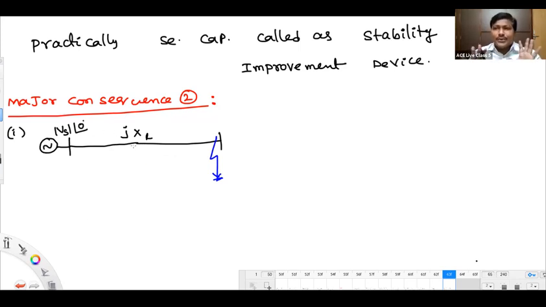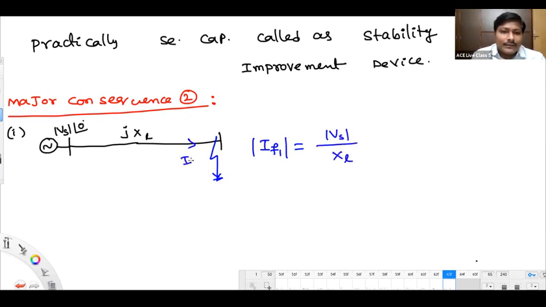I need only magnitude. So the magnitude of the fault current IF1 is mod Vs by XL.